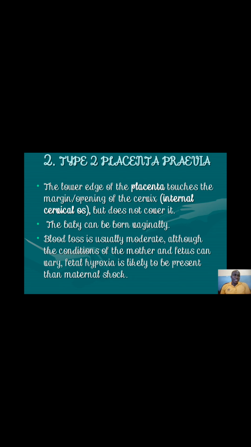Yani ina attach the openings, kama inakuwa inagusa mlango au shingo ya kizazi, lakini haikave it. It attaches the openings of the cervix ambayo ni internal cervical os, but does not cover it.